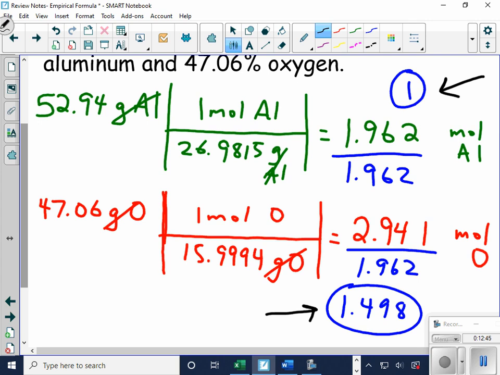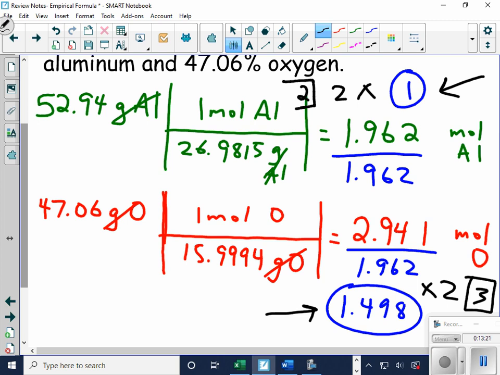So I have to now multiply to get that to a whole number. If I have 1.5, what am I going to multiply it by to get to a whole number? 2, right? So 1.5 times 2 is going to give me 3, right? Now, what I did to that one, I've also got to do to this one. So what's 1 times 2?